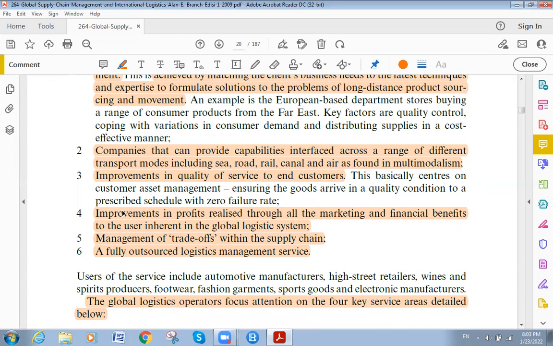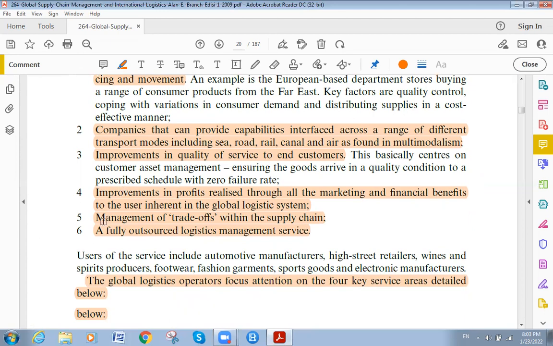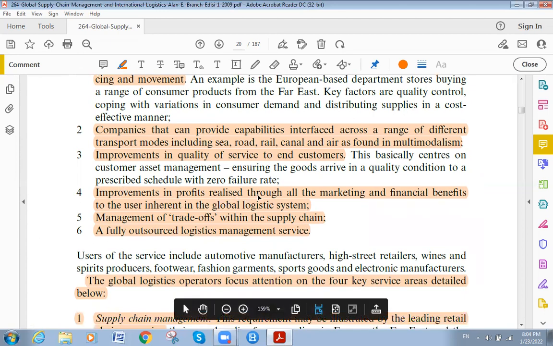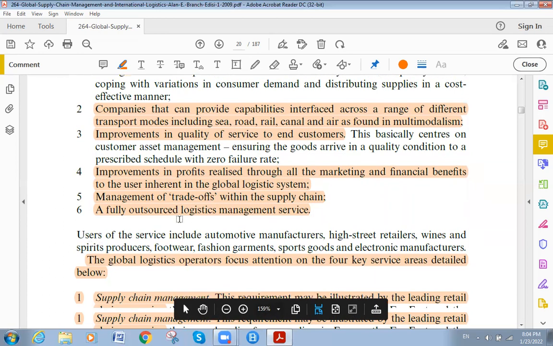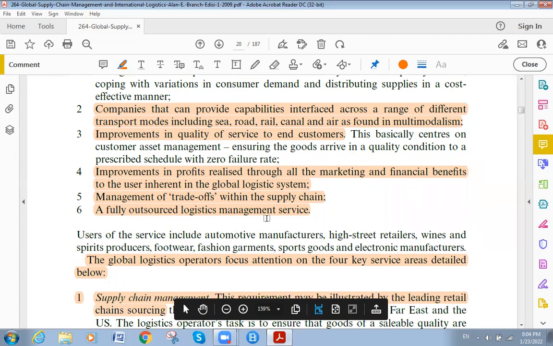This is the basic main aim or task for any system. 4, improvement in profit realized through all the marketing and financial benefits. 5, management of trade-offs within the supply chain. 6, fully outsourced logistic management services.